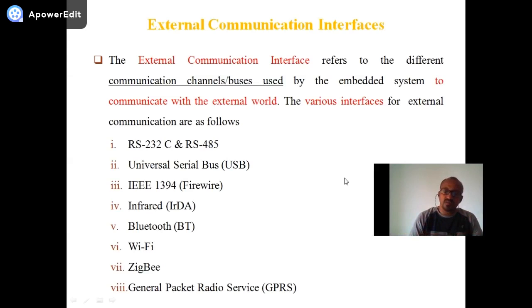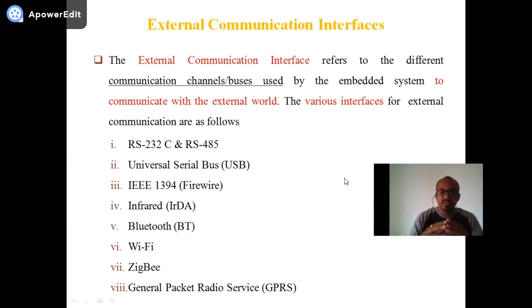All the protocols we have discussed previously are on board. On board means a single PCB may have more than one IC, and those ICs communicate with each other using whichever protocol is suitable for that embedded design. Next in the list are external communication interfaces.